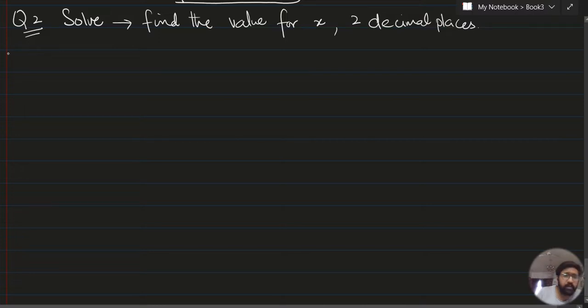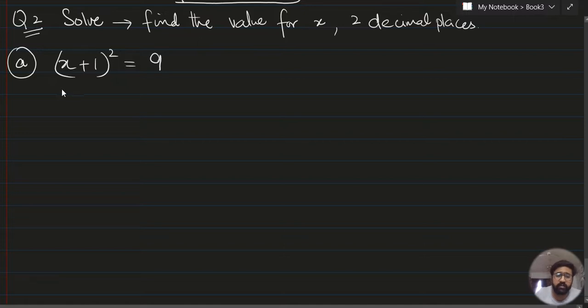Now a part, it is x plus 1 whole square is equal to 9. Now since we need to find out the value of x, and x is being grabbed with the bracket and the square is on top of it, what are we going to do?